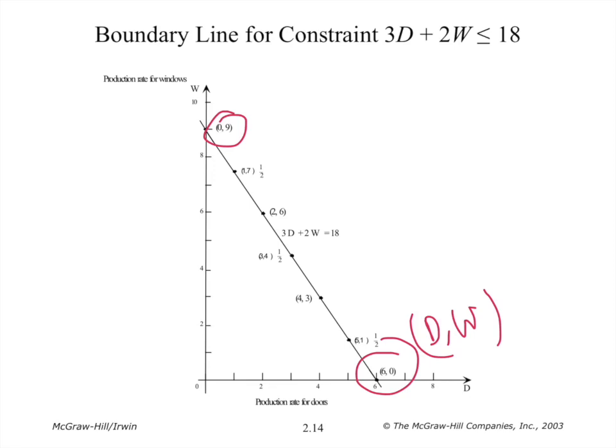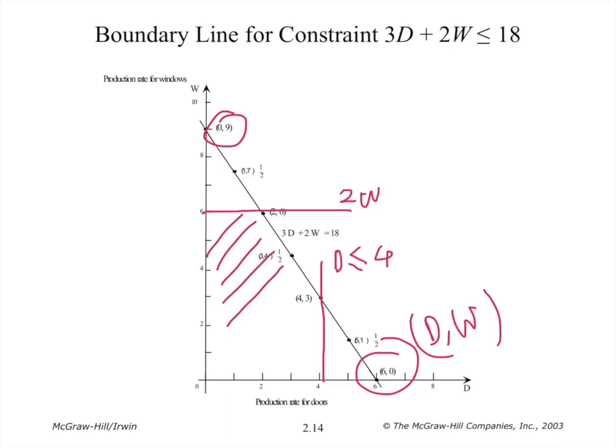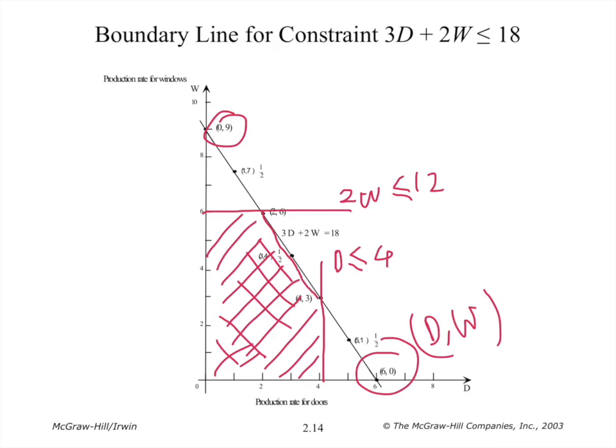Okay, and we can combine the area. That is the area of t lower than 4, and 2w lower than 12. So the area is here. Okay, that is the area.